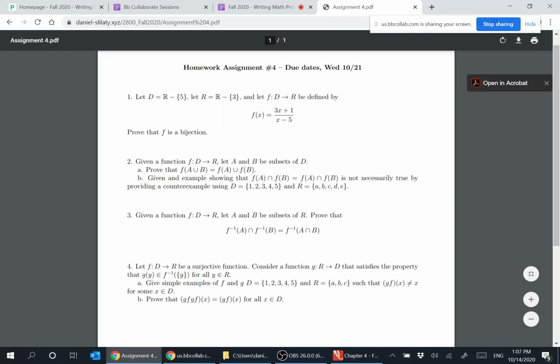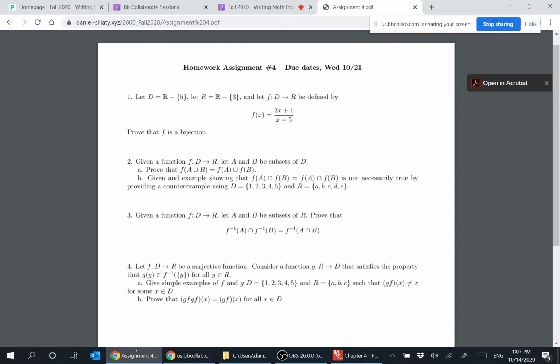So domain is R minus 5, range is R minus 3, and F from D to R is this Mobius function. Prove that F is a bijection. So you have to prove it's injective and surjective. We did that for this other Mobius function throughout this section. So that just follows that. It's just a slightly different function, that's all.